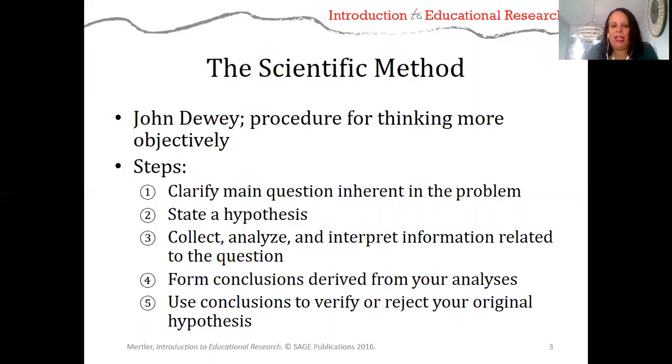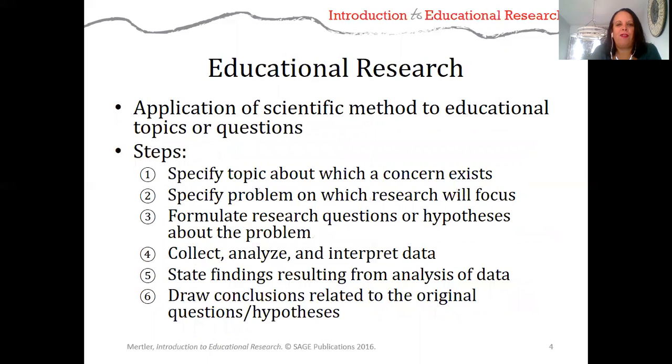You then go out and collect and analyze data, interpret that information, you form conclusions derived from your analysis, and then you either verify or reject your null hypothesis. This is the core of quantitative research. Usually you're doing quantitative research when there's already been a lot of research on the topic because you can come up with a hypothesis that you want to verify.